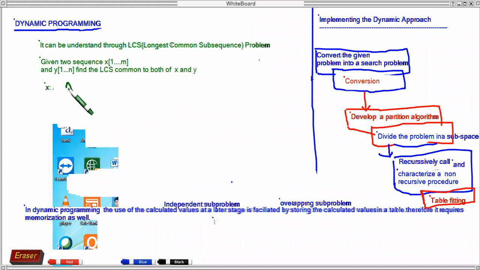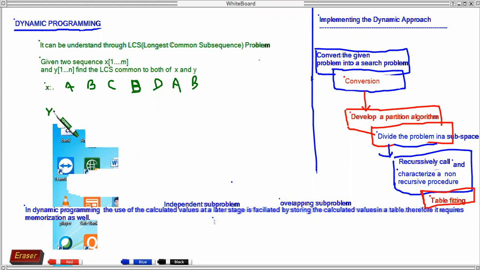Suppose x is a, b, c, b, d, a, b. This is a sequence of x.